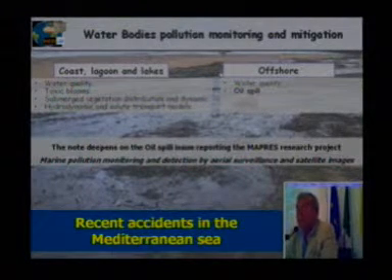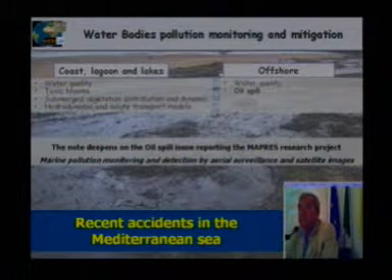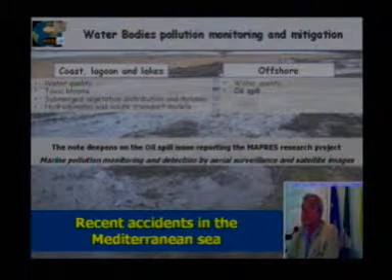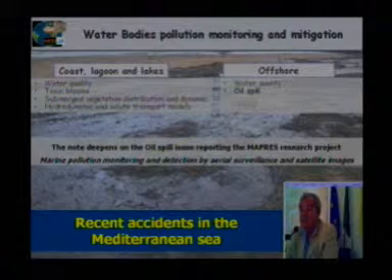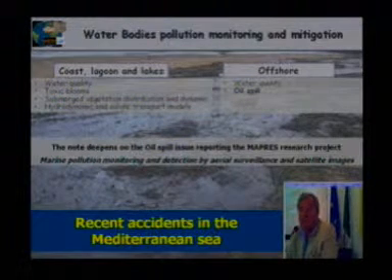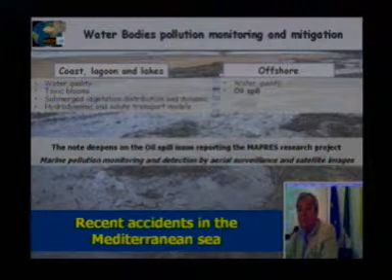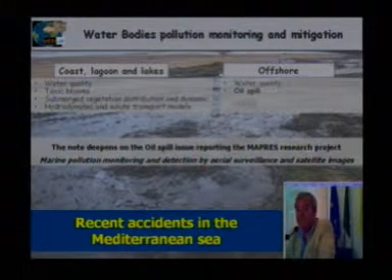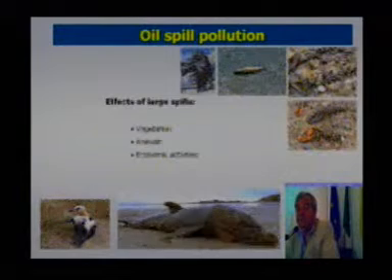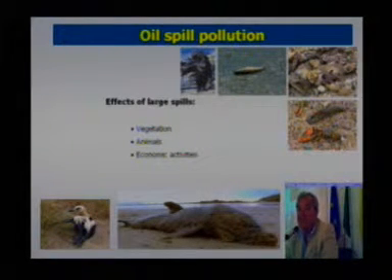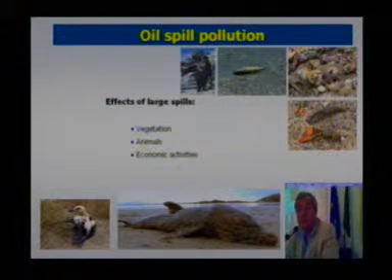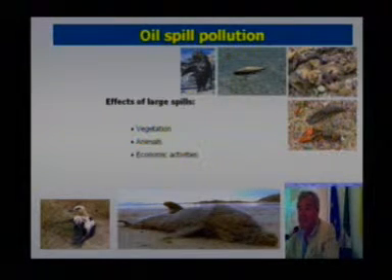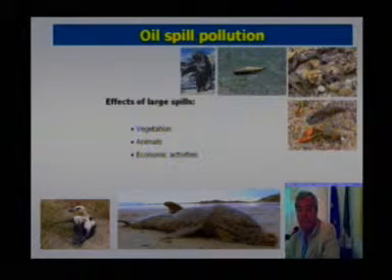This note deepens the results of a MAPRES research project that was financed by the European Community. MAPRES means marine pollution monitoring and detection by aerial surveillance and satellite images. We can describe the effects of large spills, as you can see during these days, due to the heavy spill in the Gulf of Mexico.